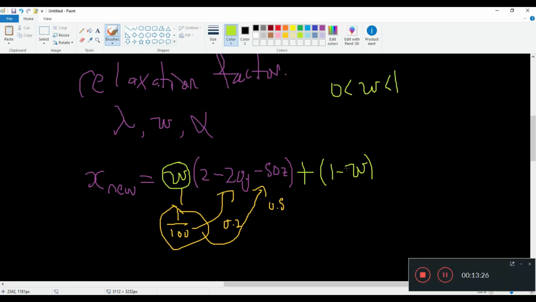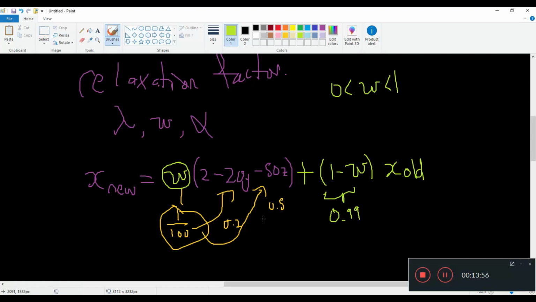This effectively makes the coefficients smaller, and it stabilizes the equation. And then we have 1 minus omega times x old here. Because omega in this case is 1 over 100, this will be 0.99 x old.